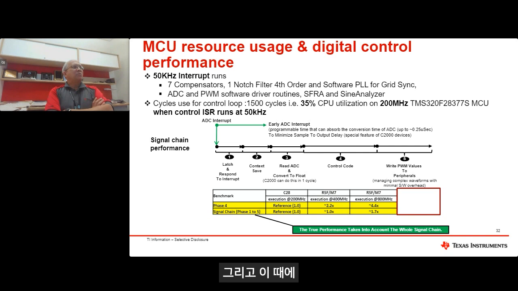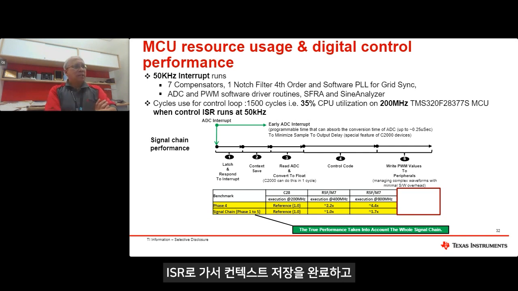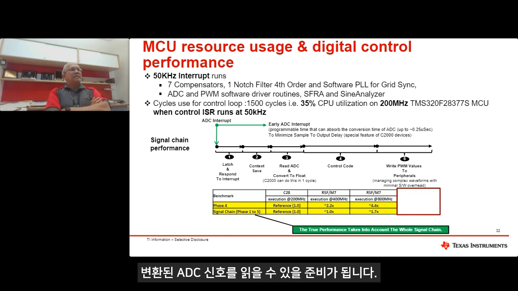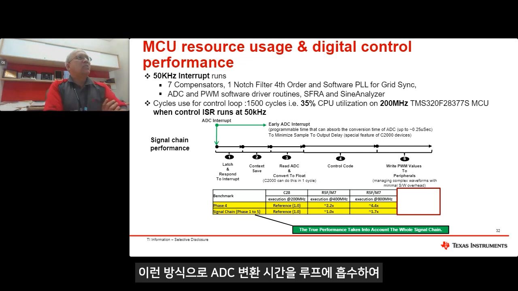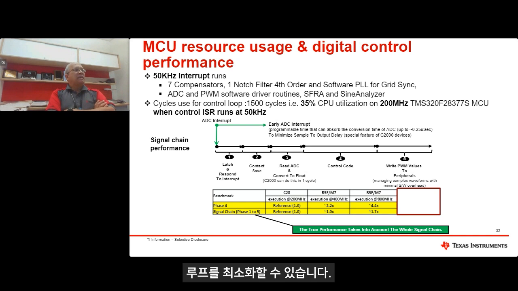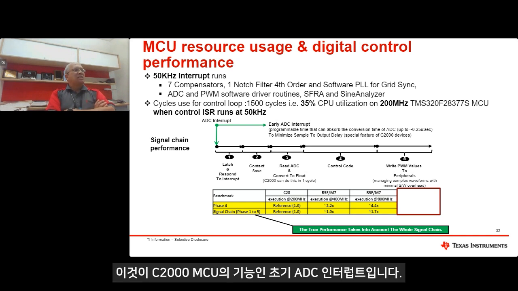By the time you get into the ISR and complete the context save, you are ready to read the converted ADC signal. That way you absorb the conversion time of the ADC into the loop and minimize the loop. So that's the early ADC interrupt feature in the C2000 MCU.